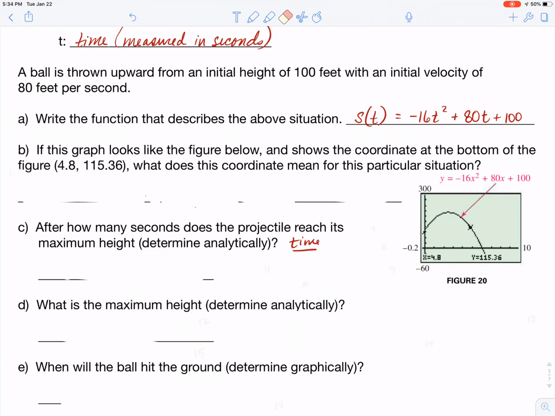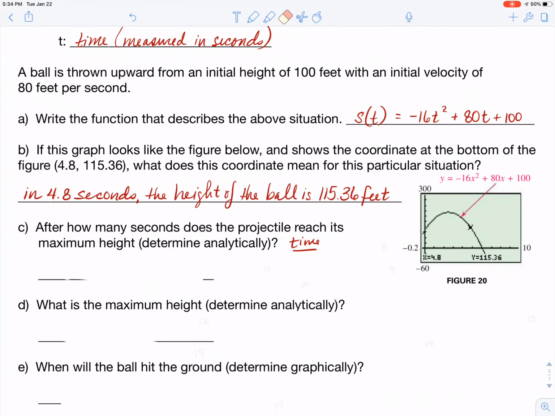All right, now that you're back, in 4.8 seconds, remember that t, my first piece there, the old x's, t is for time. And so in 4.8 seconds, the height of the ball is going to be 115.36 feet. Is that what you got?